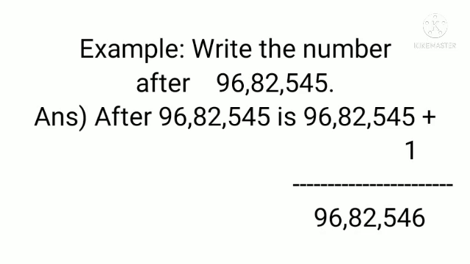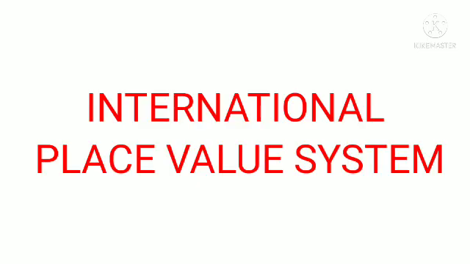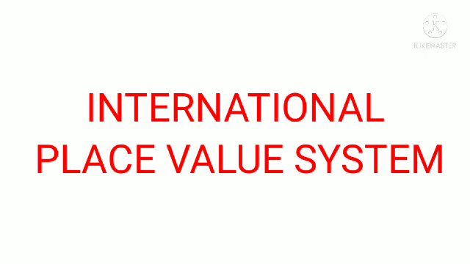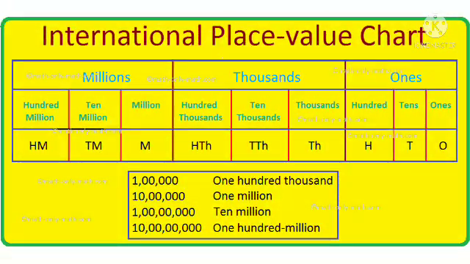So let us know the next topic, the international place value system. Most countries of the world follow a common place value system, that is the international place value system. We follow the Indian system of numeration, in which the periods are ones, thousands, lakhs, then crores.